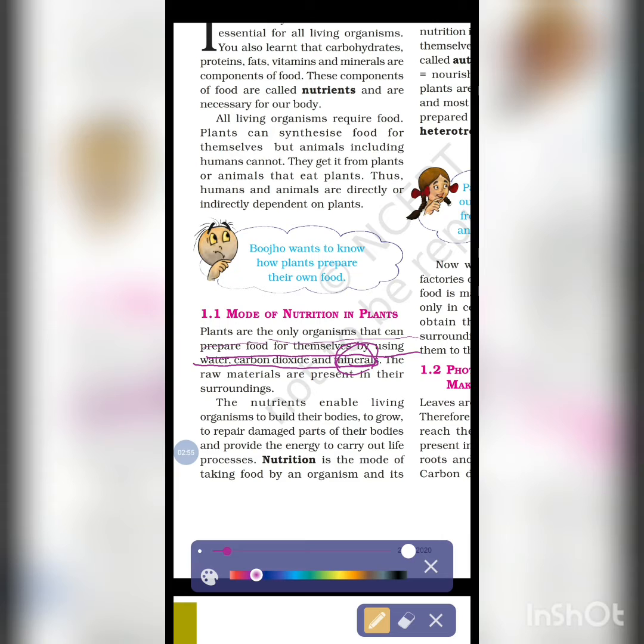This minerals is very important. So it comes from roots. Roots give it to stem, and stem gives that water and minerals to the leaves.